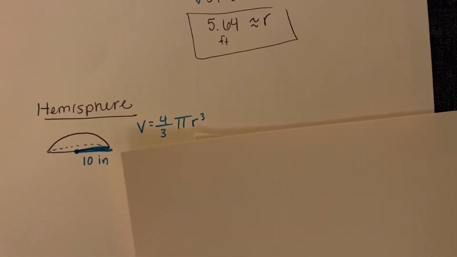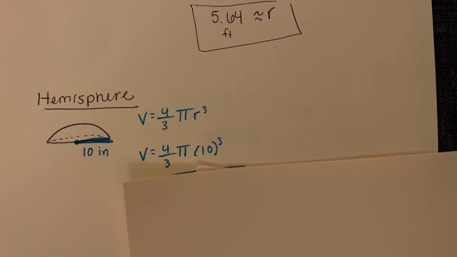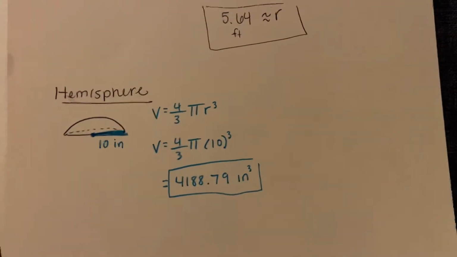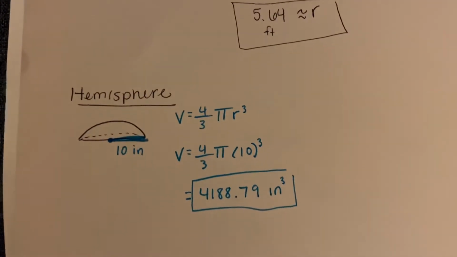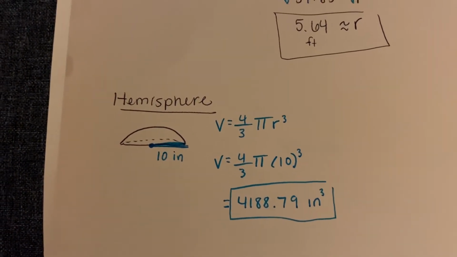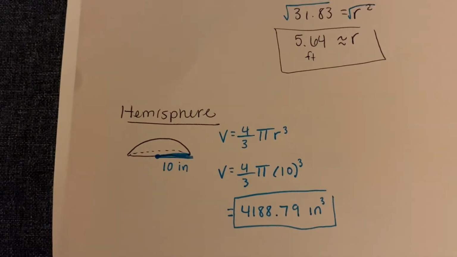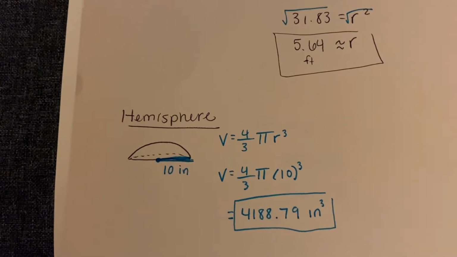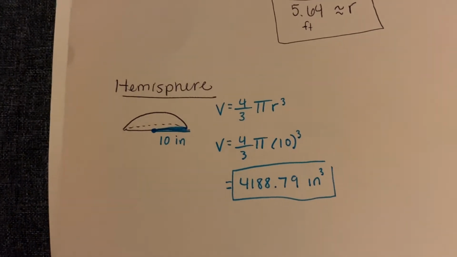So you're going to plug in the radius, which happens to be 10 here. Boom. And then you're going to get this answer right here. But, so we would get 4/3 times pi times 10 cubed, so we get this, but this is not my final answer.